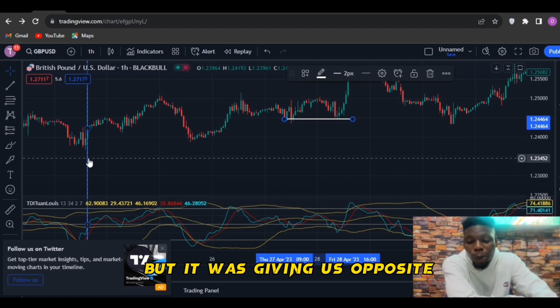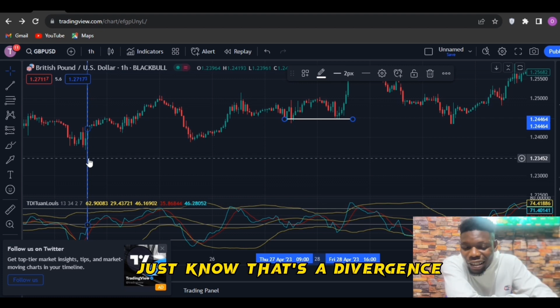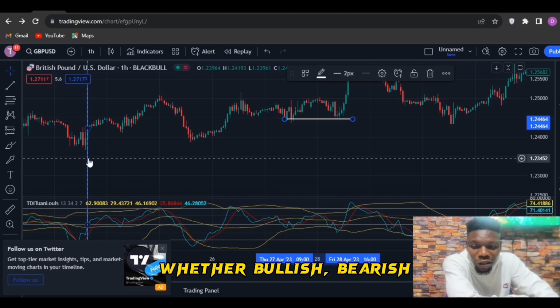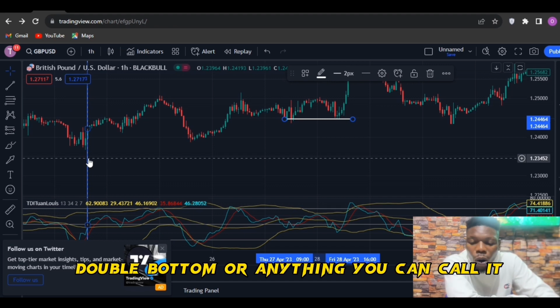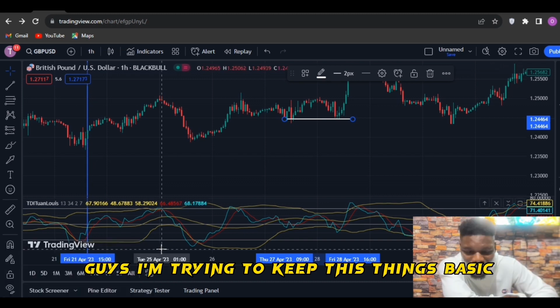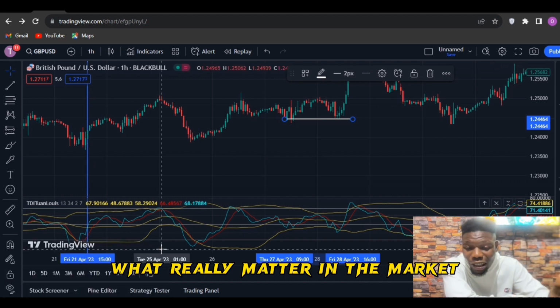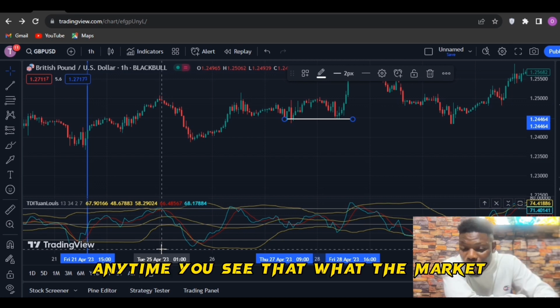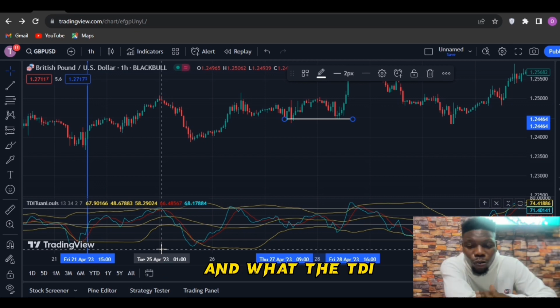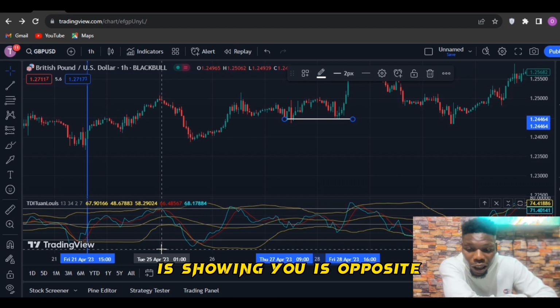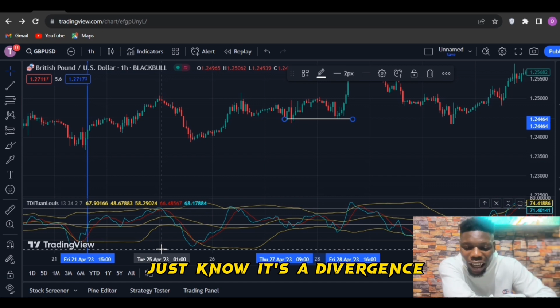But if it's giving us opposites, just know that's a divergence. Whether bullish, bearish, double bottom, or anything you can call it, guys, I'm trying to keep this basic. What really matters in the market is to make profit. Anytime you see that what the market and what the TDI is showing you is opposite, just know it's a divergence.